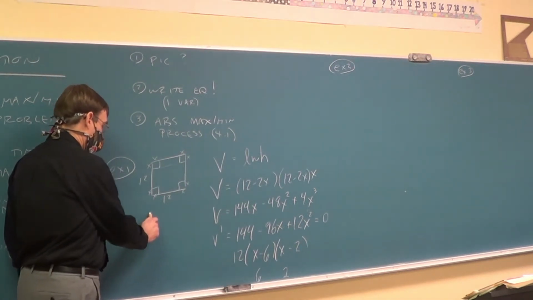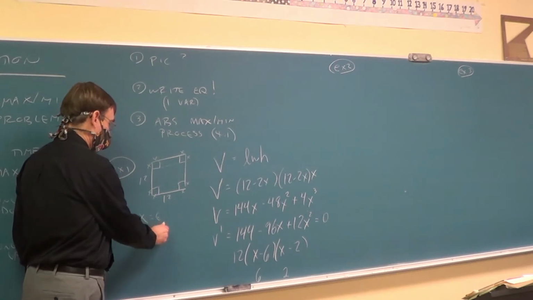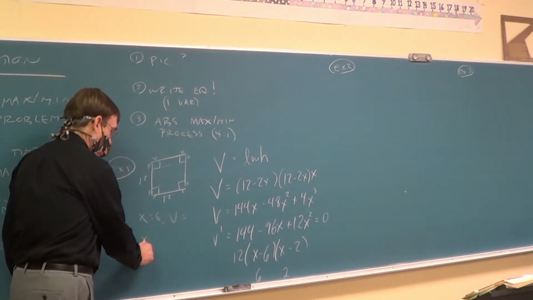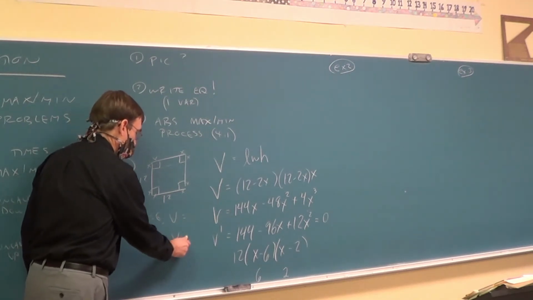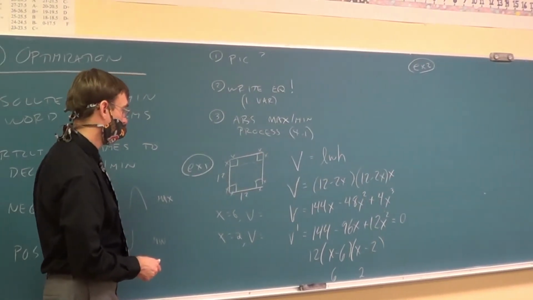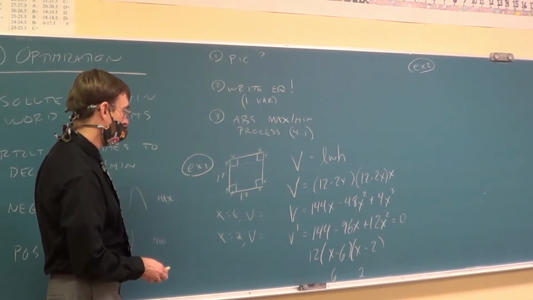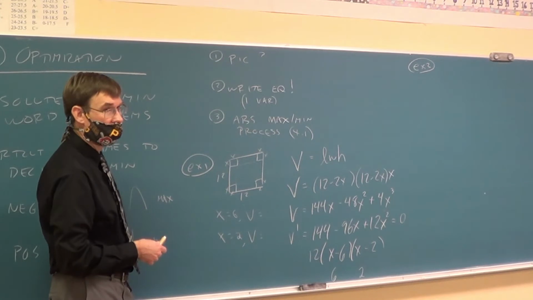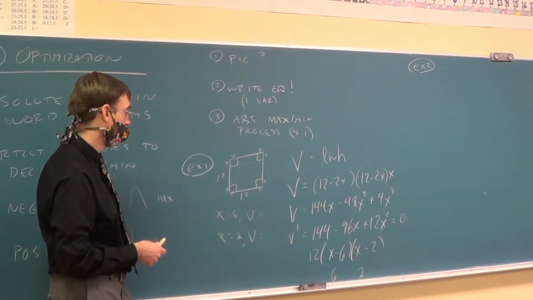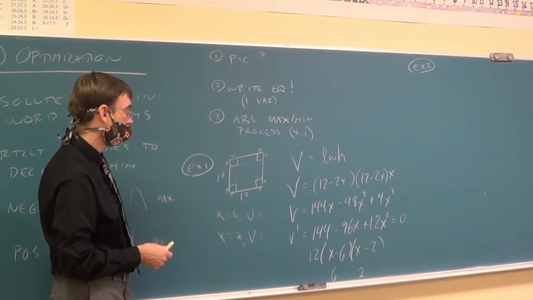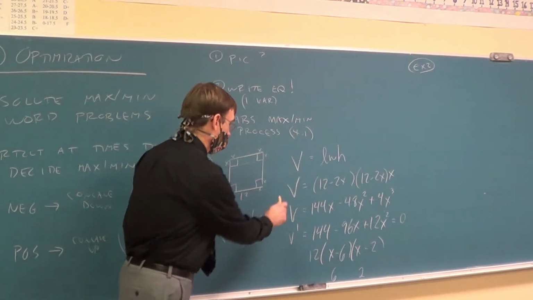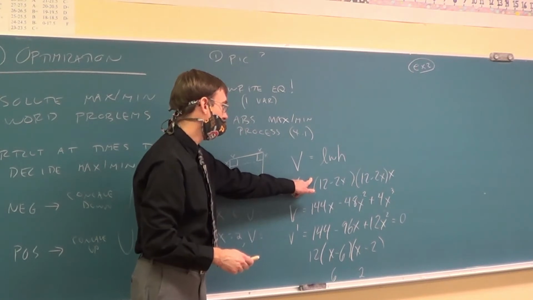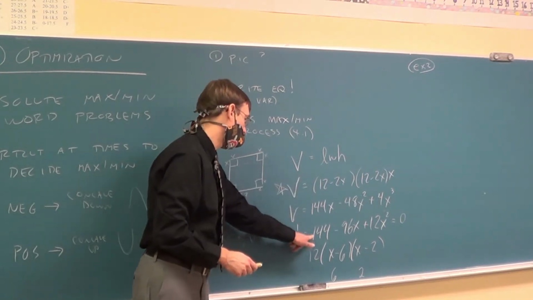So if we have an x of 6, we need to figure out what the volume would do. If we have an x of 2, we need to figure out what the volume would do. Where would we go to figure out what the volume is going to do? Right back here, I'd probably go there, is where I'd most like to put my x's in, but you could go here.